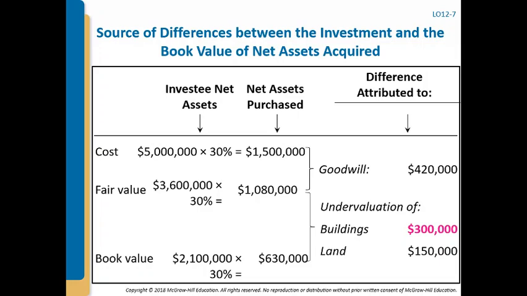So that is 630,000, which is the difference between the fair value of 3.6 million in identifiable assets versus the 2.1 million is the undervaluation of buildings of 300,000 and land of 150,000. Okay, and so of all that, there is one depreciable item that we're going to have to deal with, and that's buildings.